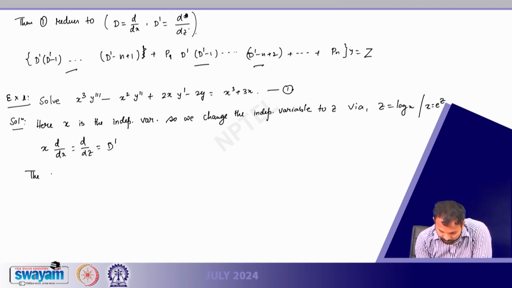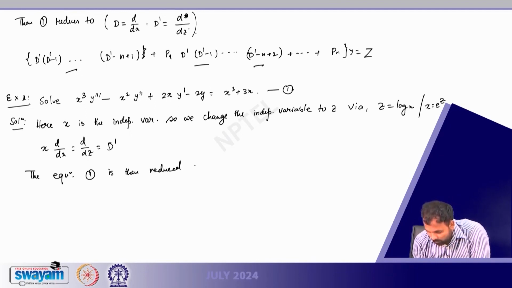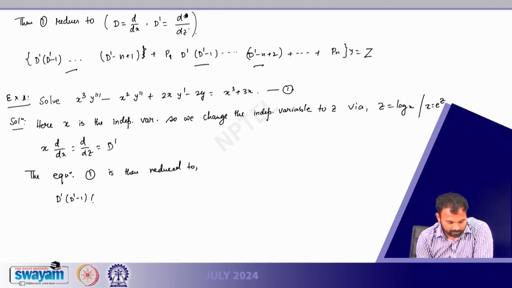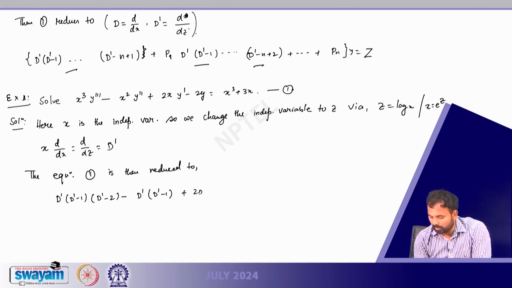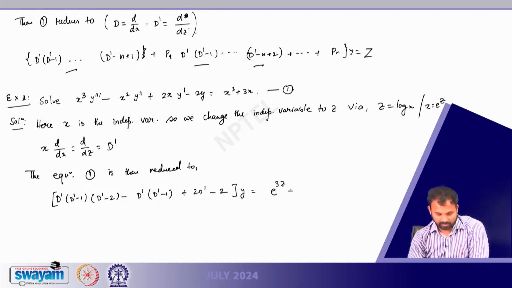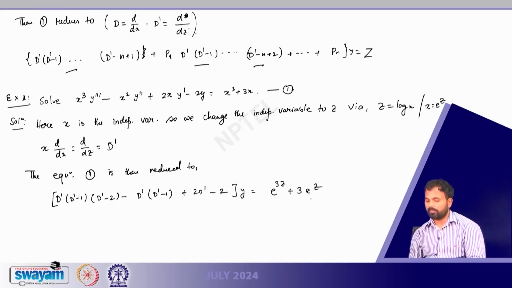So equation 1 is then reduced to D dash into D dash minus 1 into D dash minus 2, minus D dash into D dash minus 1, plus 2D dash minus 2, into y, and then x cube will become e to the power 3z plus 3 into e to the power z.